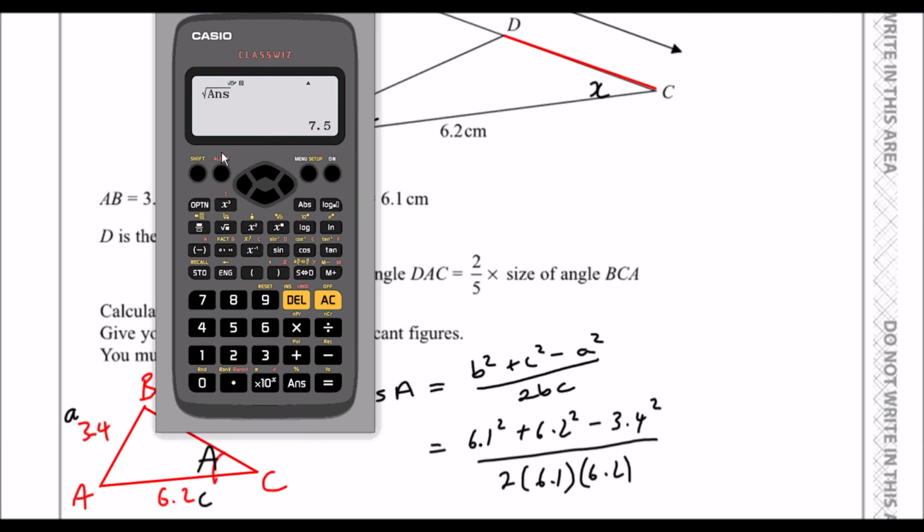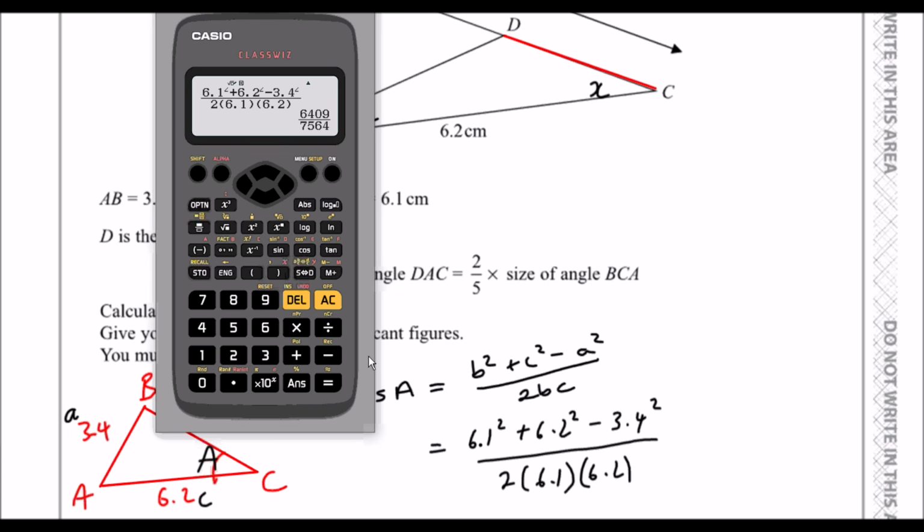So that'll be cos A, (6.1 squared plus 6.2 squared minus 3.4 squared) over 2 times 6.1 times 6.2.